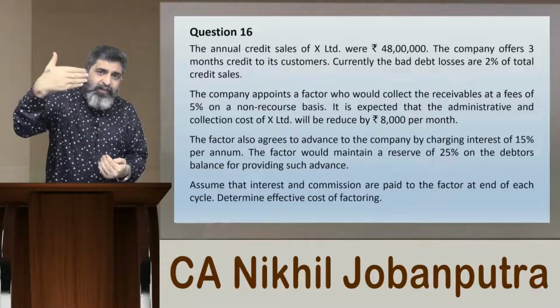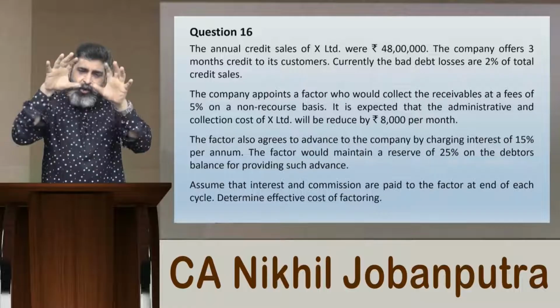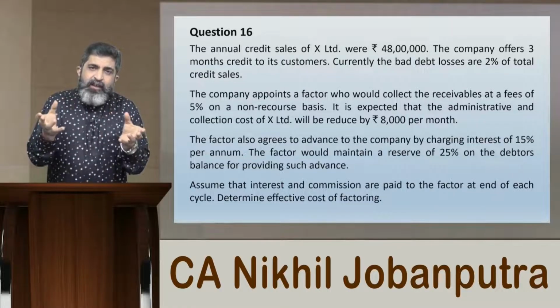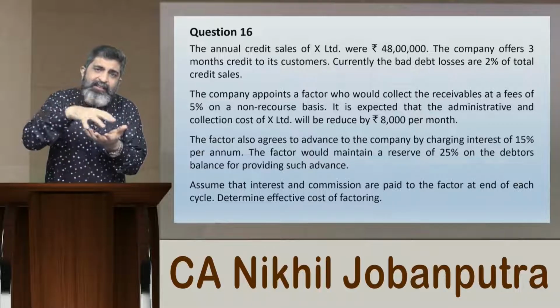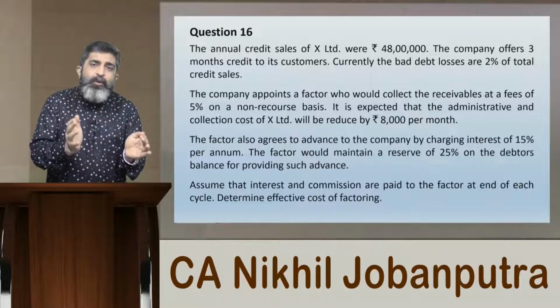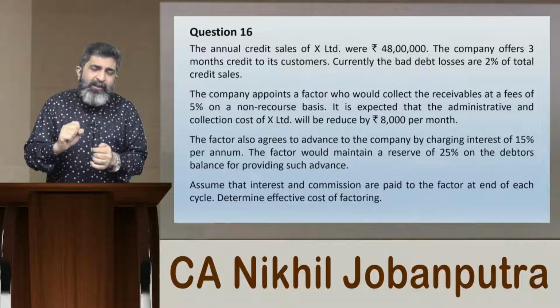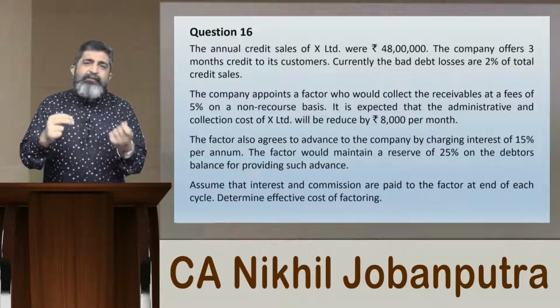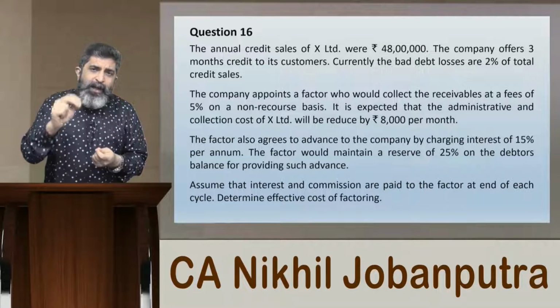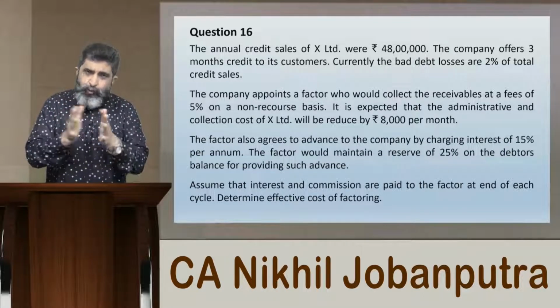So all your costs minus all your savings, you arrive at the net cost, and that net cost, whatever you get for the entire year, that is the cost incurred for having an advance of 9 lakhs from the factor. You can take the cost divided by 9 lakhs, and that will give you the cost of factoring on an effective basis throughout the year.